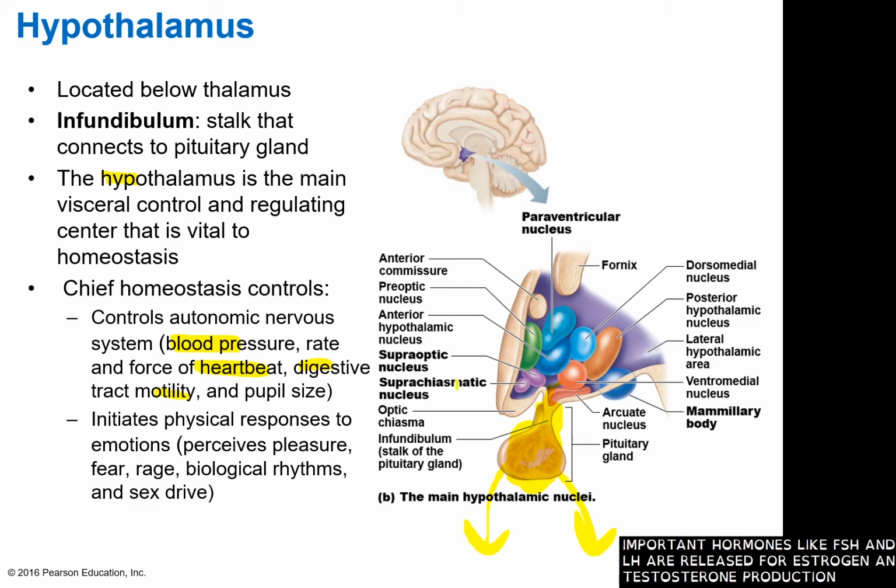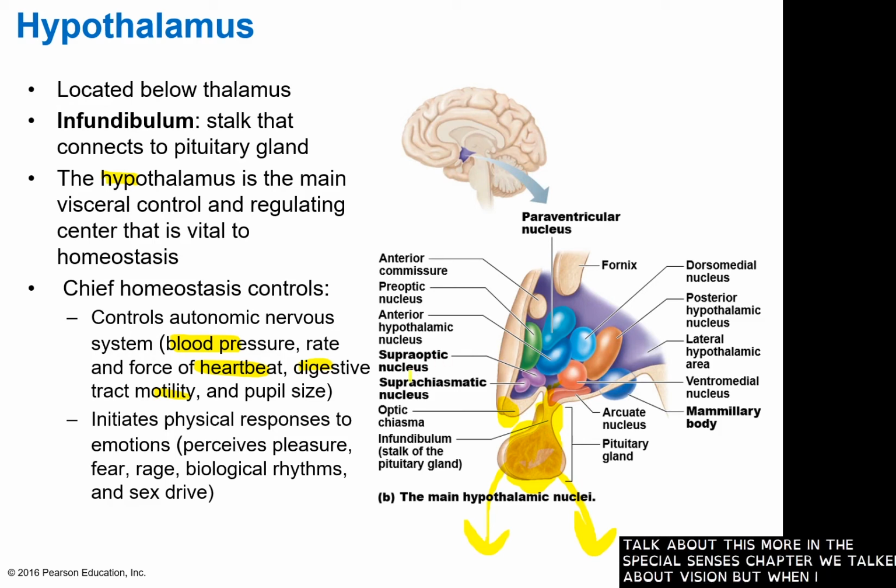Now, interestingly, right at the bottom of the hypothalamus is a region known as the optic chiasm or optic chiasma. This is where the optic nerves from your retinas cross and then go to different sides of the brain. We'll talk about this more in the special senses chapter when we talk about vision.